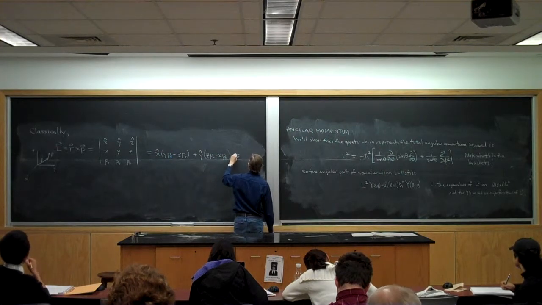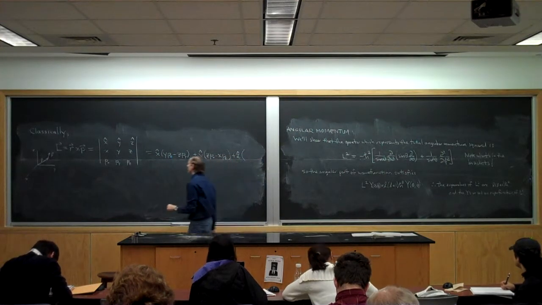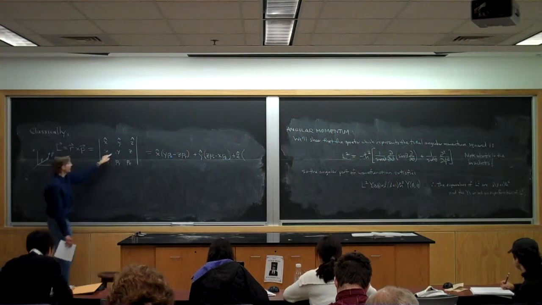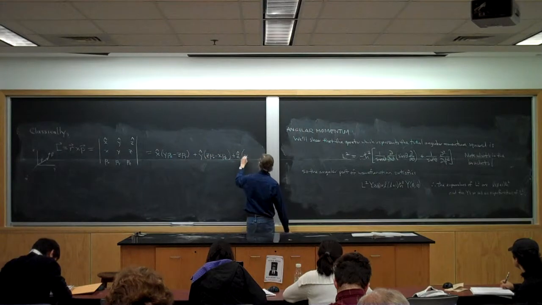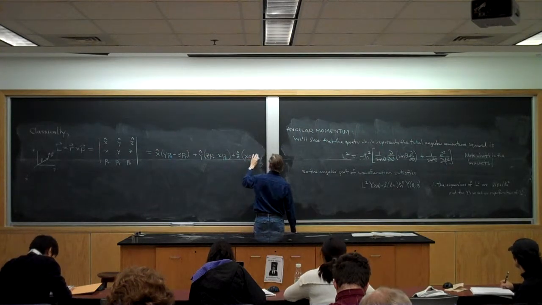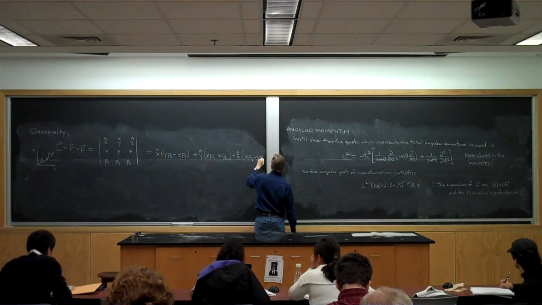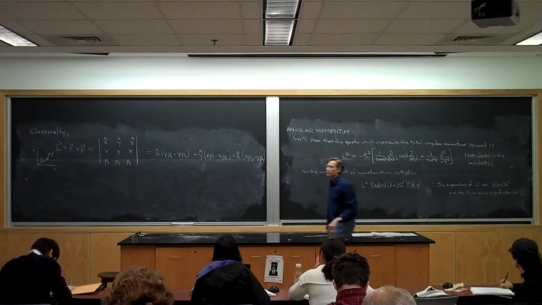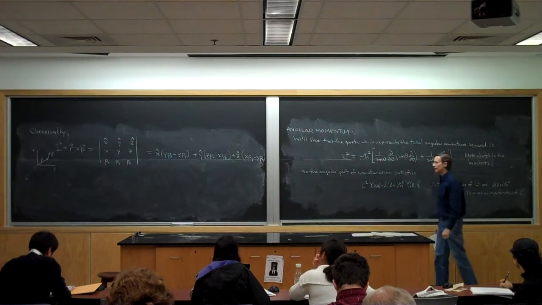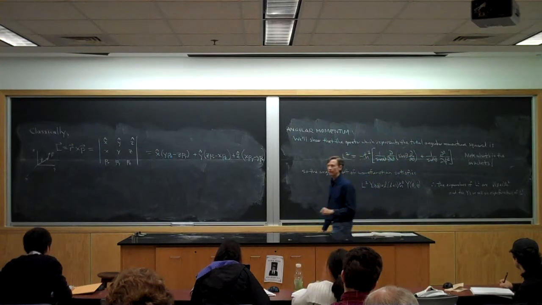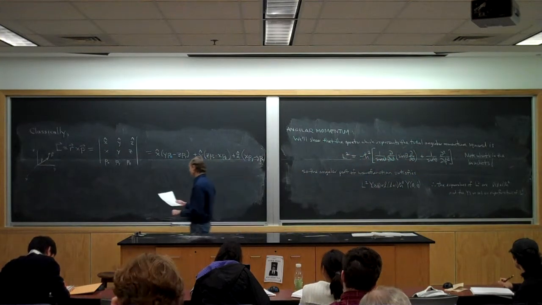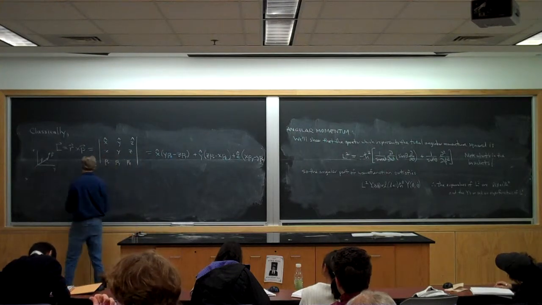And then for z hat, the z component, I get (x p_y minus y p_x). So classically, that's an expression for the angular momentum in terms of the components of the position vector and the momentum vector for the particle.